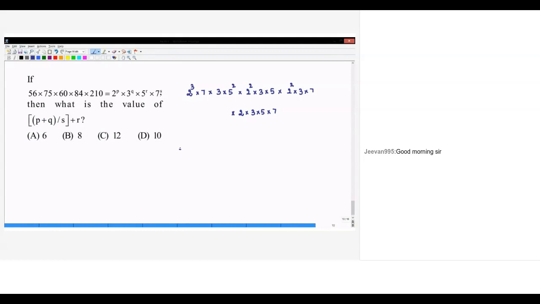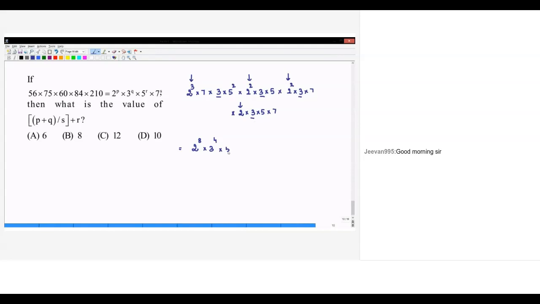Is equal to, how many 2's are there? 3, 2, 2, 1, 8. 1, 1, 1, 1.